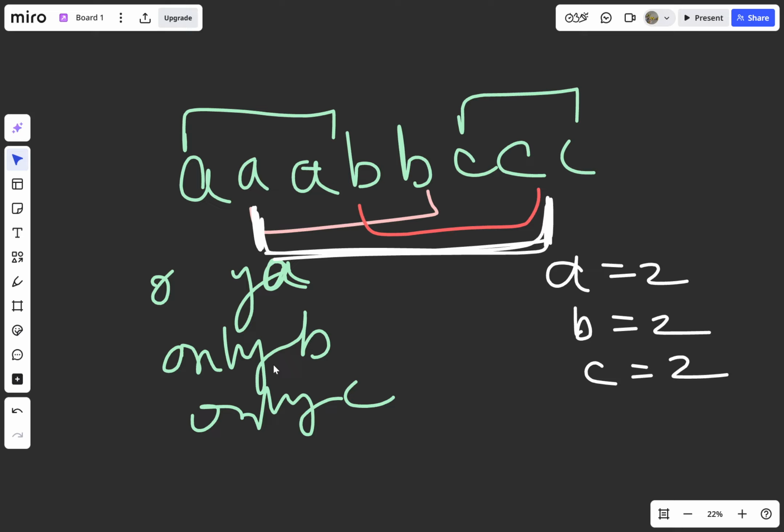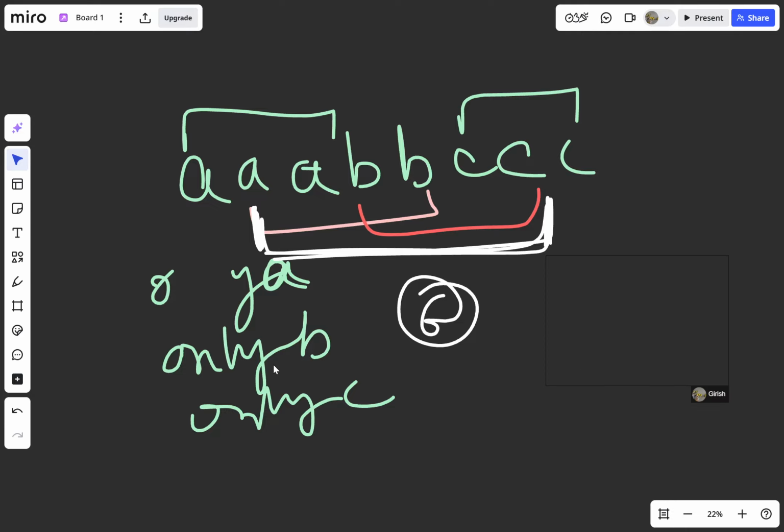So all three characters have a count of 2, and our longest substring length can be 6, and 6 we can return as the answer. By this we can build an intuition: we first have to find the answer considering only A, only B and only C.